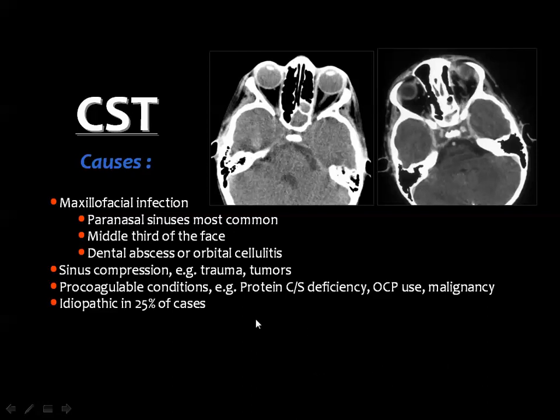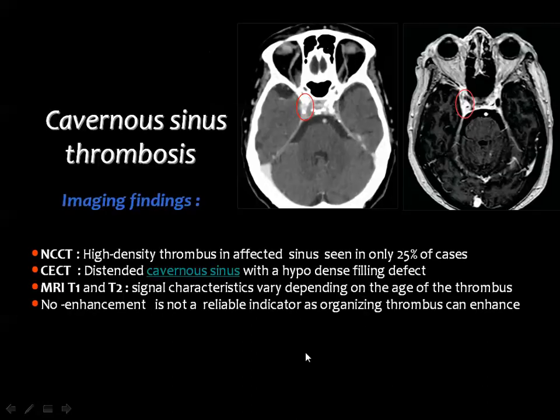In cavernous sinus thrombosis, as I have mentioned, there are many causes I have explained. And in the pre-contrast scan, you may not see anything in the region of the cavernous sinus, but if you inject contrast material, you get no enhancement of the sinus apart from enhancement of the intracavernous segment of the internal carotid artery.